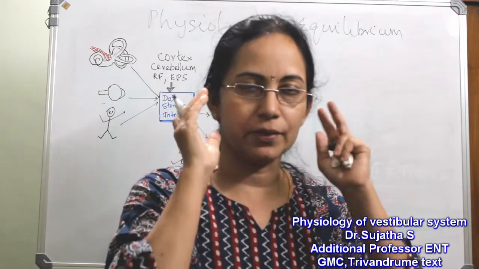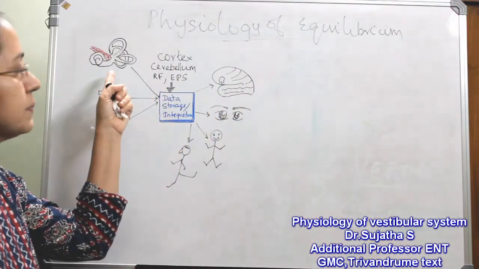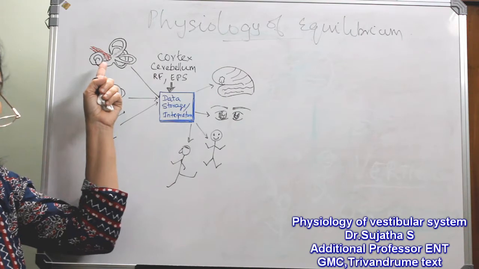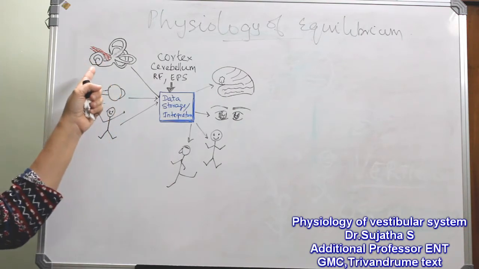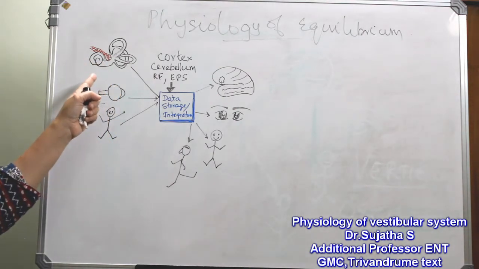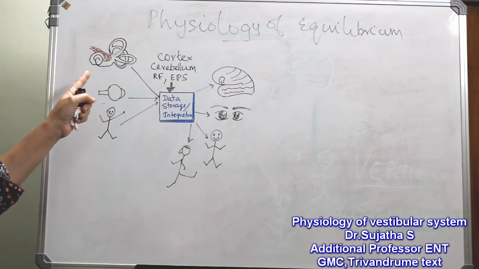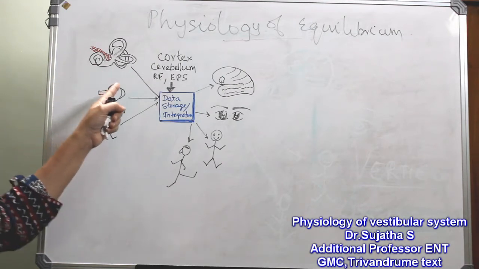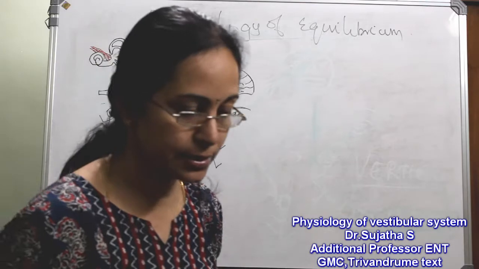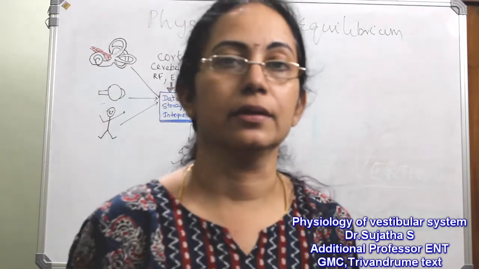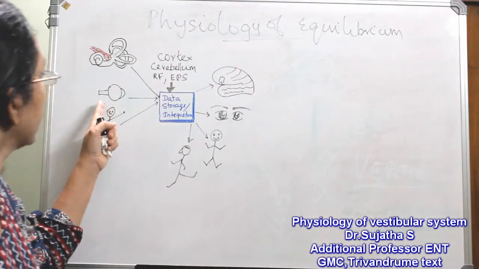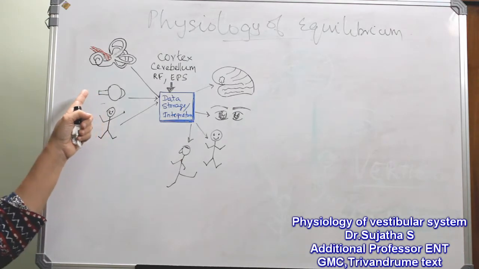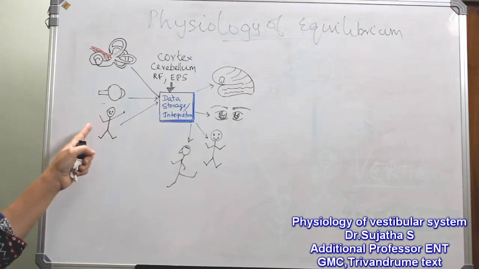So what happens, we have a vestibular system, and this vestibular system will collect information regarding the position and movement of the head. Okay, and the vestibular system along with the visual as well as the proprioceptive signals.